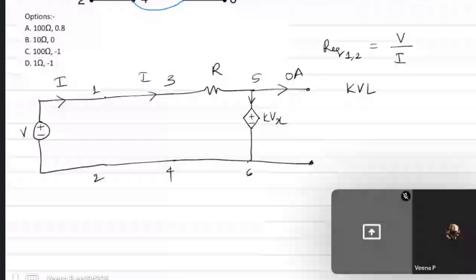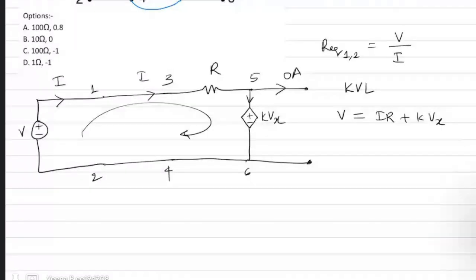Now, what is Vx? Vx is nothing but the potential difference across 3 and 4. That is nothing but V. So the applied voltage V is same as Vx.